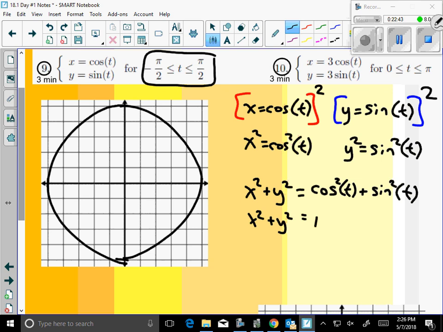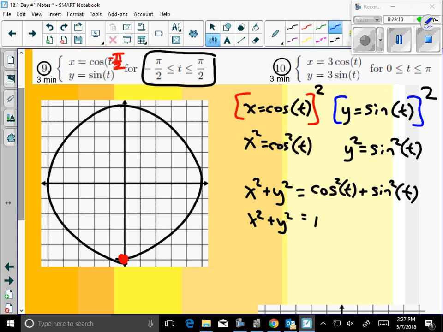Okay, so we're going to go from -pi/2 to pi/2. But how do I know where I start and I finish? Well, let's plug in a -pi/2 for a second. If I plug a -pi/2 in here, what do I get? X equals what? 0. And it's 0 in 2 places here, right?